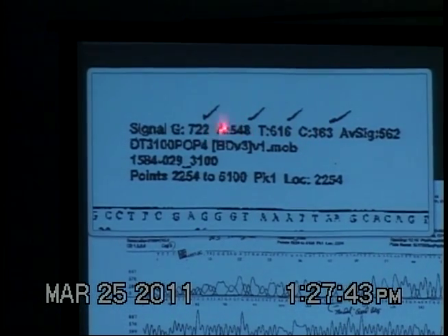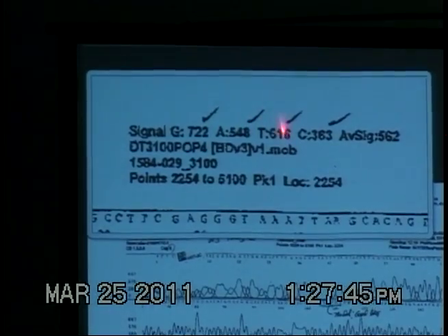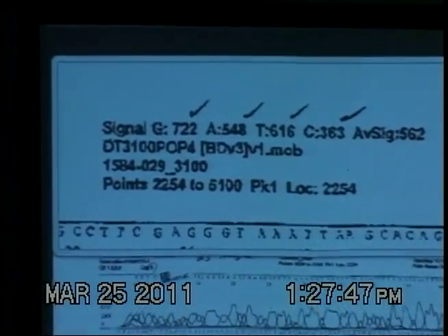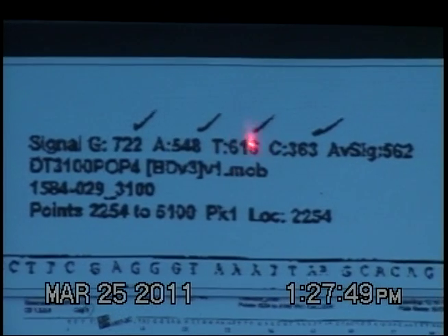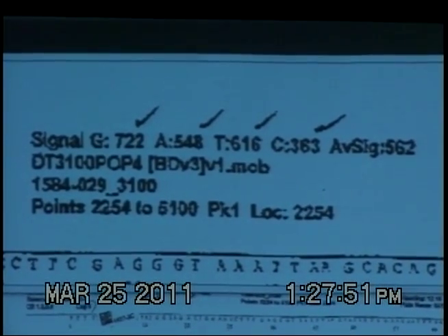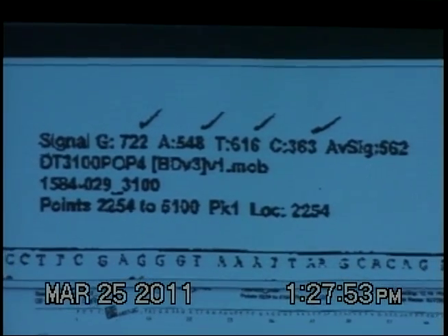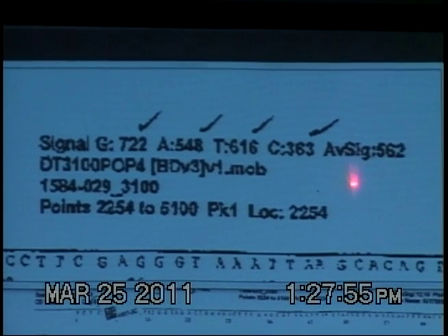Again, you believe that would represent somebody in the lab on June the 17th of '06 having checked those off as they're doing the analysis, correct? Yes. And they did not check the average signal as they did on the other one, and I will tell you that I think the math is right. This is one of those cases where the math is right. The math is 562. That looks about right, doesn't it?